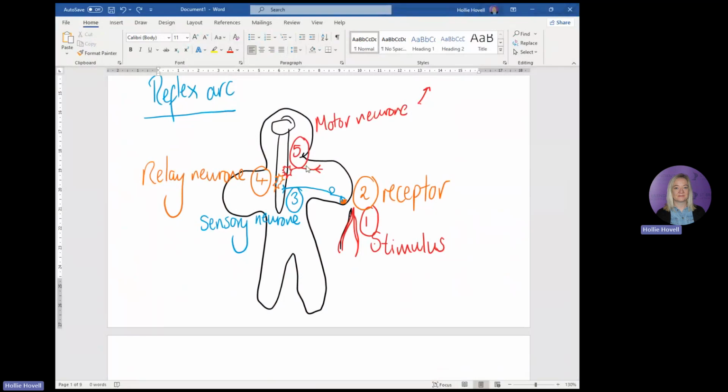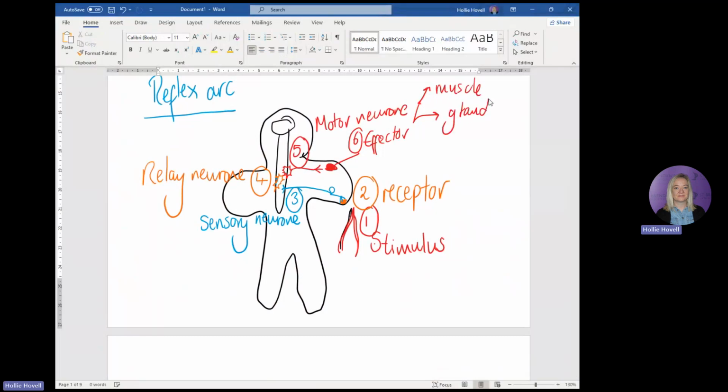It connects your spinal cord to what we call the effector. I'll change the colour. The effector in this case is a muscle, but an effector can be, number 6, a muscle or a gland. That's what I wanted that arrow for. Let's draw it here. So it can be either a muscle or a gland.